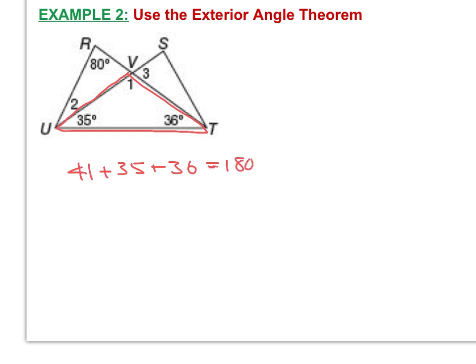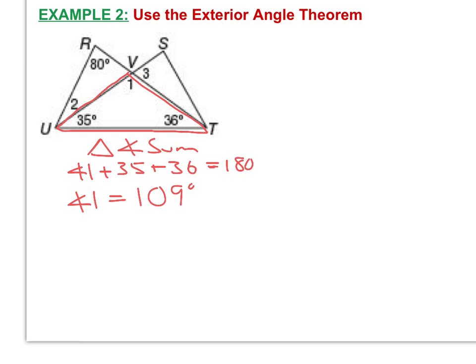This is the triangle angle sum theorem. We're going to give a reason for each value that we find. We can solve for angle 1, and we get 109. So that's the measure of angle 1.